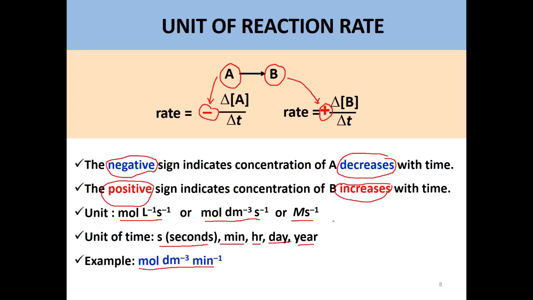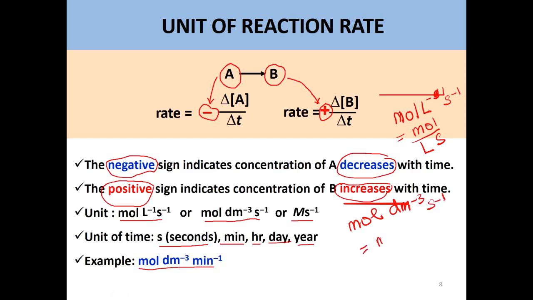So if let's say the unit is mol L negative 1 S negative 1, that is equal to mol per L S, or mol dm negative 3 S negative 1, which is equal to mol per dm 3 s.